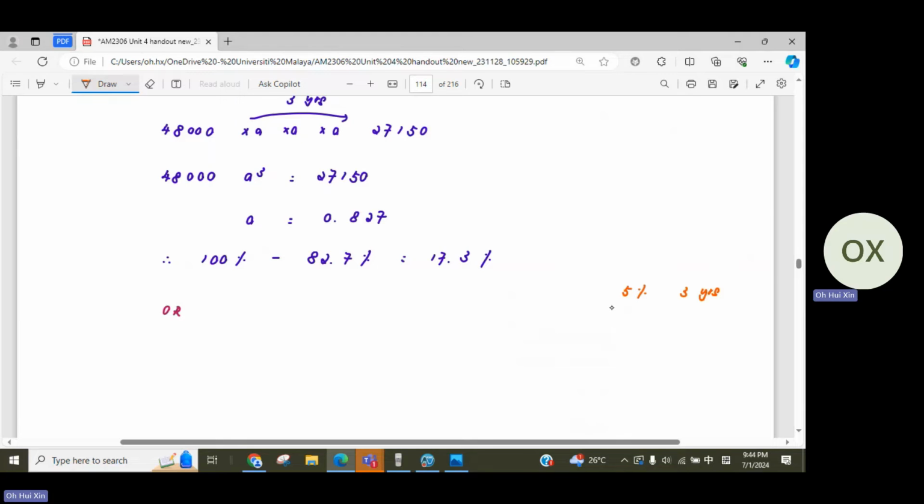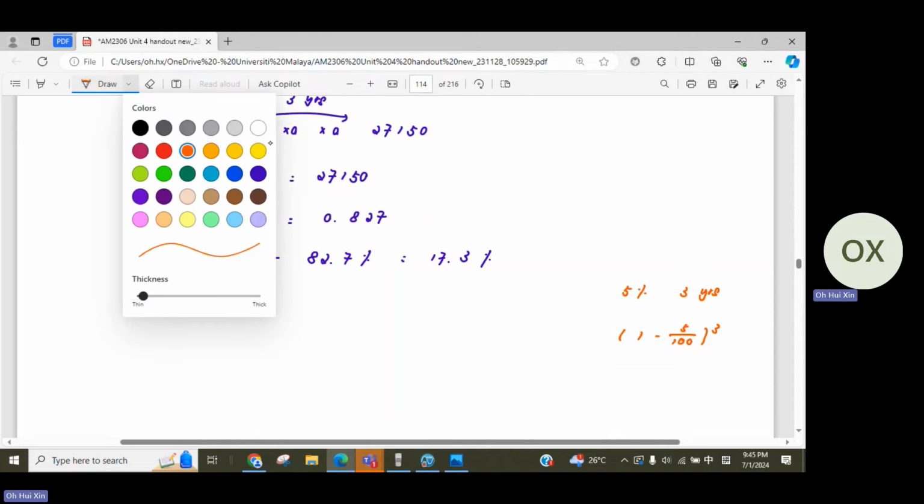You take 100% minus the 5%, or you change the 5% to 0.05 and you use 1 minus 0.05. So you take the 5% divided by 100 to get 0.05, and 1 minus that gives you 0.95, and you do it for 3 years, that's why it is power 3.